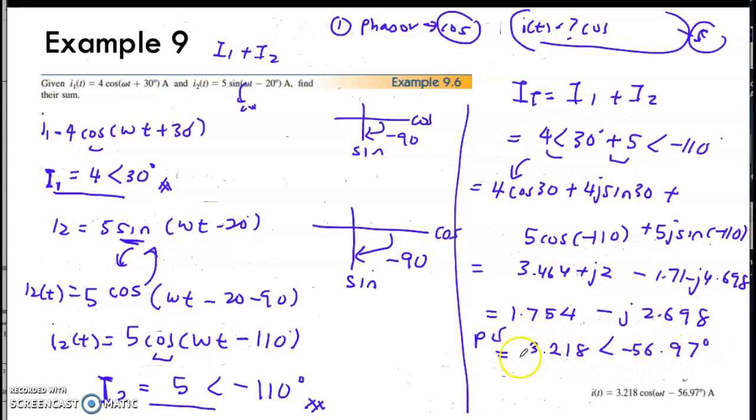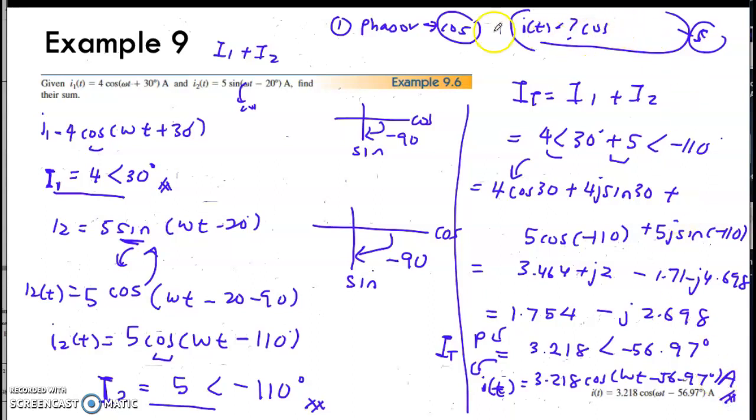Okay, so how do you change this to the sinusoid? This is I total, right? It is in phasor form. So it becomes I total t is equal to 3.218 cosine omega t minus 56.97. Don't forget the unit is ampere.